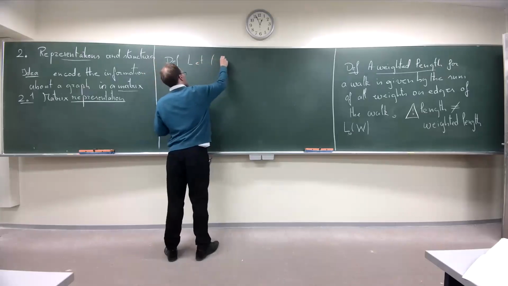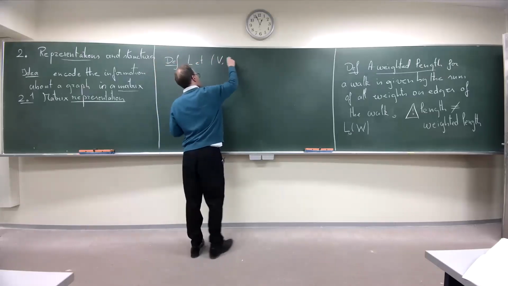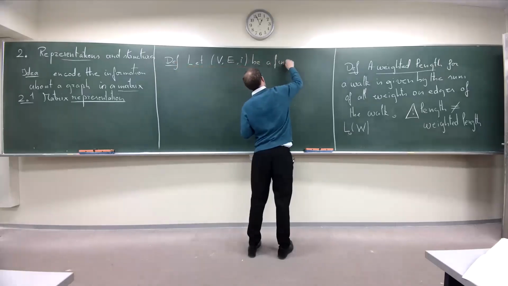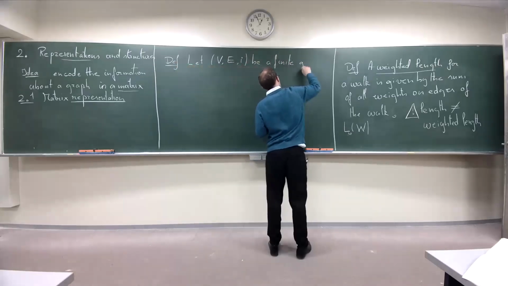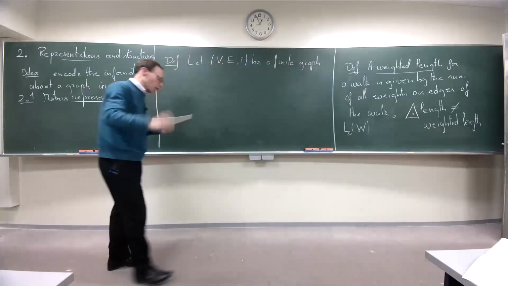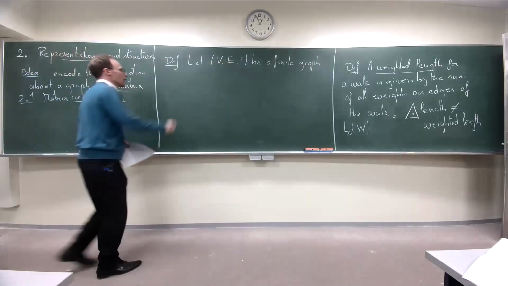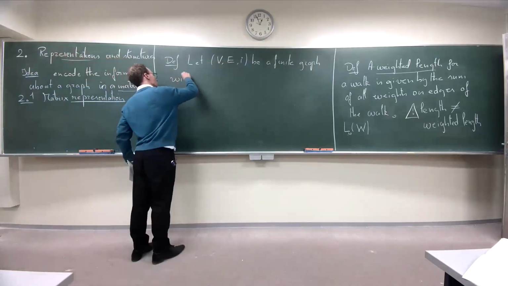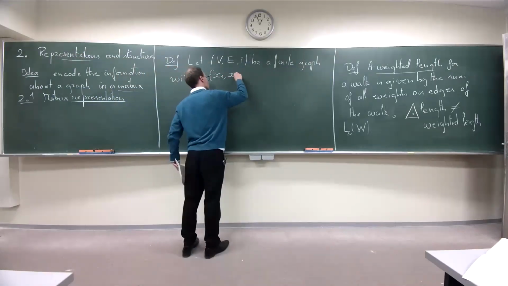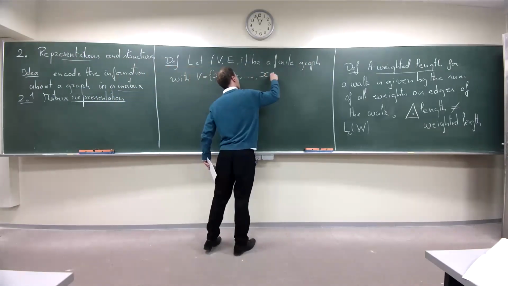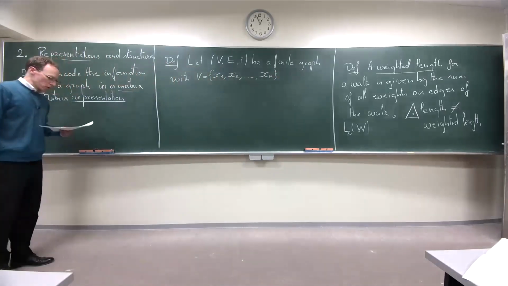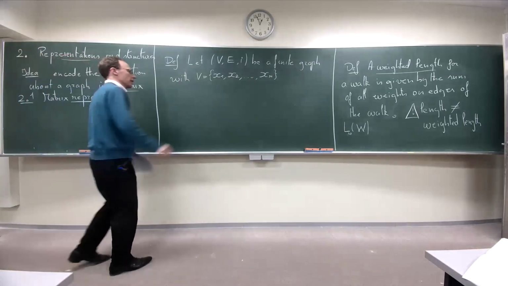Let G be a finite graph. It can be oriented or not oriented, so you may have arrows or just edges. And I assume that V contains a finite number of vertices, and I just give a name to these vertices, from 1 up to a certain capital N.